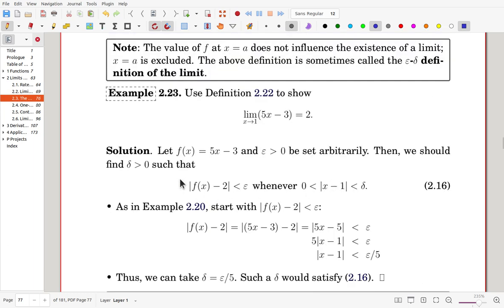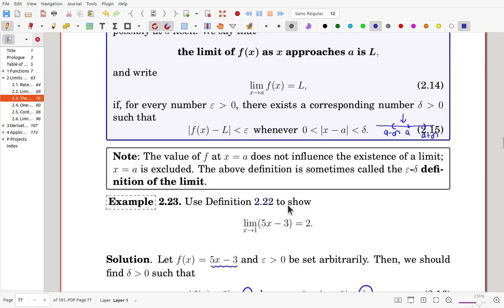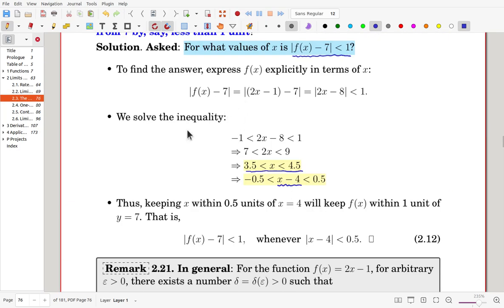Start with this one: 5x minus 3 minus 2, and its modulus is bounded by epsilon whenever x minus 1 is bounded by delta. So for arbitrary epsilon, we have to find the delta depending on epsilon. Here we start with f(x) minus 2 as in this earlier example.